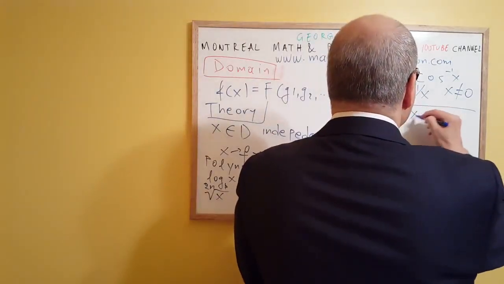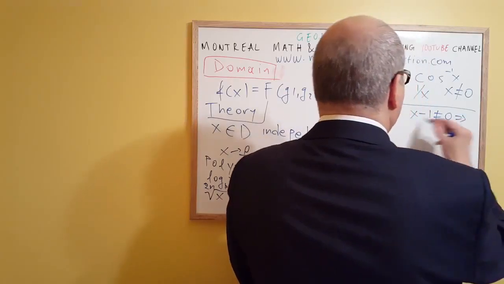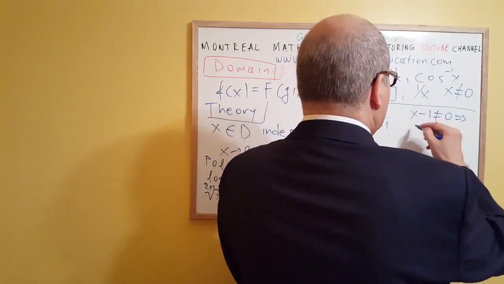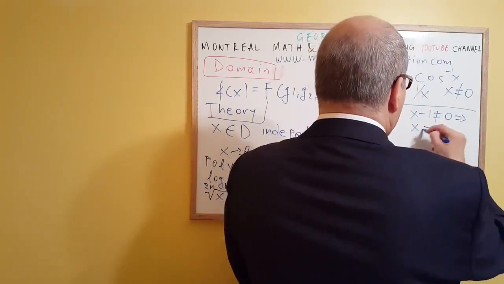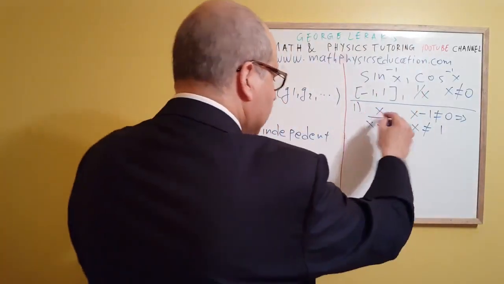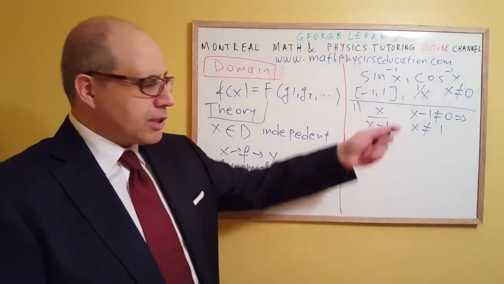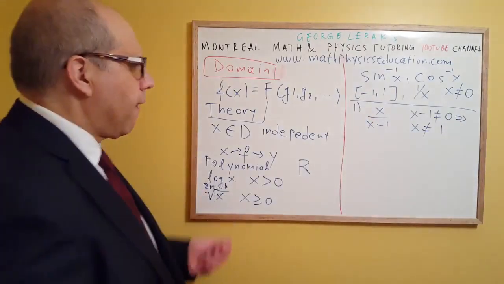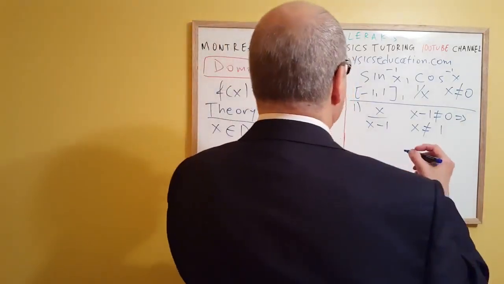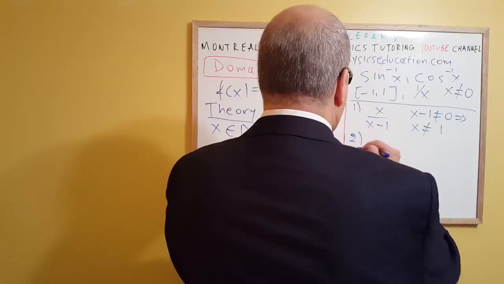That means x minus 1 has to be different than 0. And of course, if you solve this equation, you have that x has to be different than 1. So the domain of this function, x over x minus 1, is all the real numbers except the value 1.